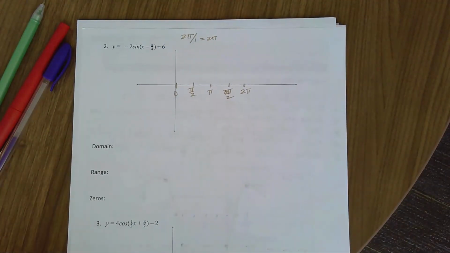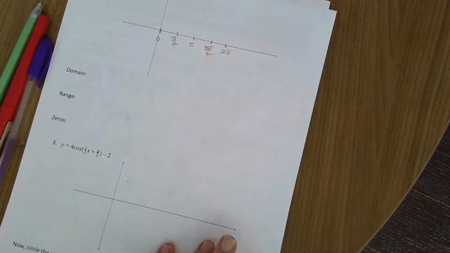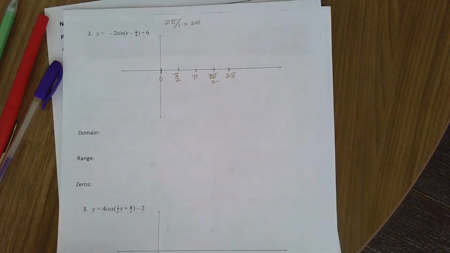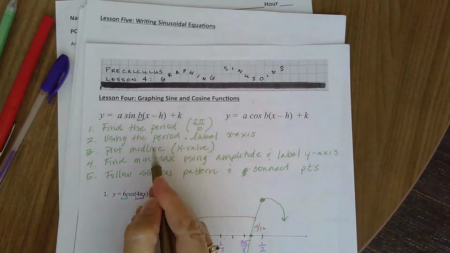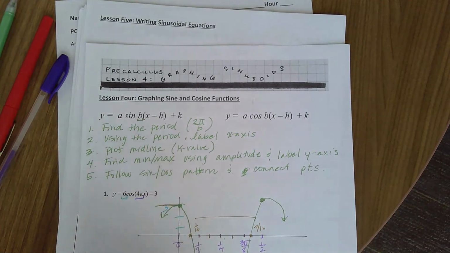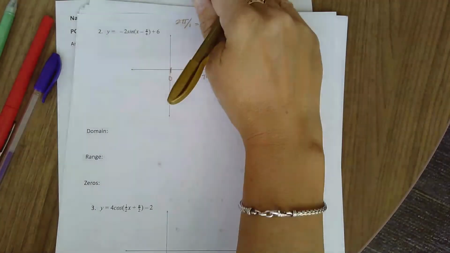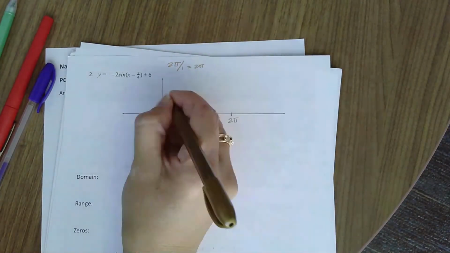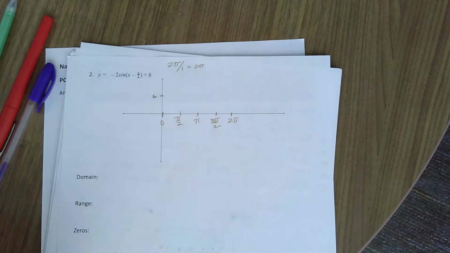Next step, going back to my steps here. I found the period and used it to label the x-axis. Now I'm going to plot the midline, and then use the amplitude to get the min and max. The midline is at 6, so I don't have a lot of room here, so I'm just going to estimate that that's up 6.